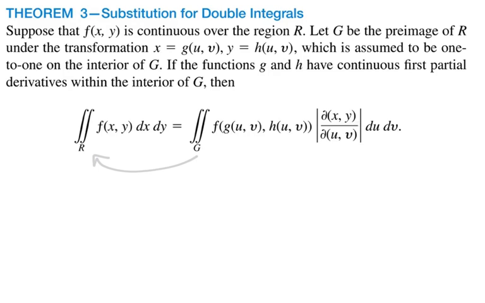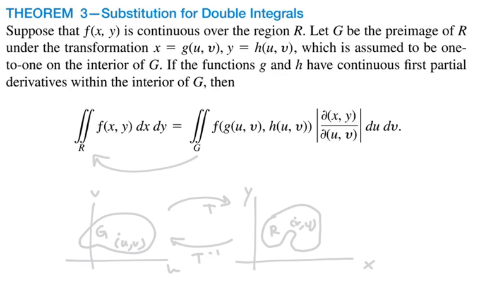It could be an inverse when we go from G back to R. So remember we went from G, we transformed it to get something in x, y, going from u, v to x, y, which was some region R, and then the inverse, which is why it has to be one-to-one, takes us back to u and v, which is maybe simpler or easier for us to deal with. So this transformation is one-to-one on the interior of G. g and h have continuous first partial derivatives within the interior of G.